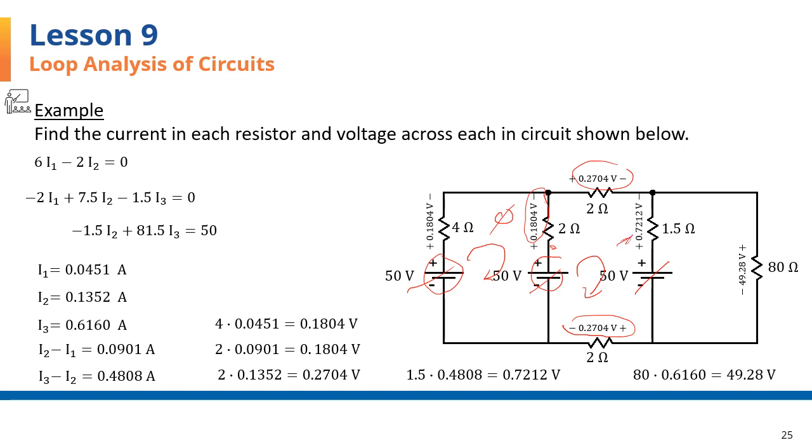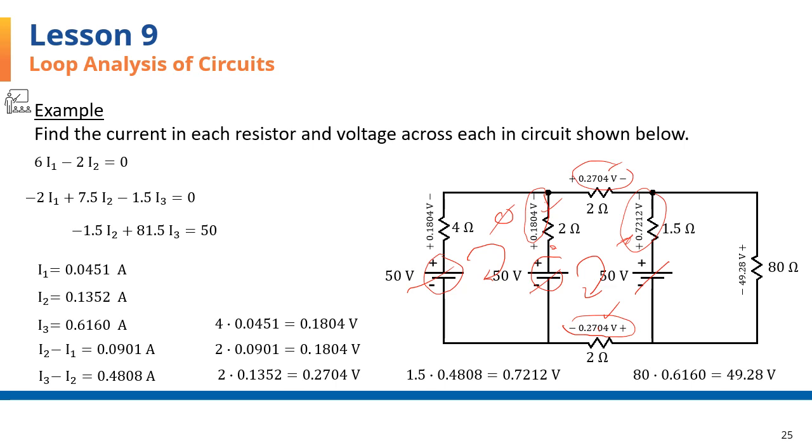So the 3 voltage drops have to add up to the voltage rise. And if you do the math, you can see that the sum of these 3 will match this voltage here. So the voltages actually check out.